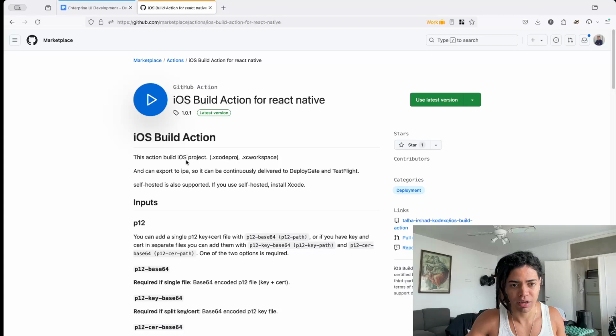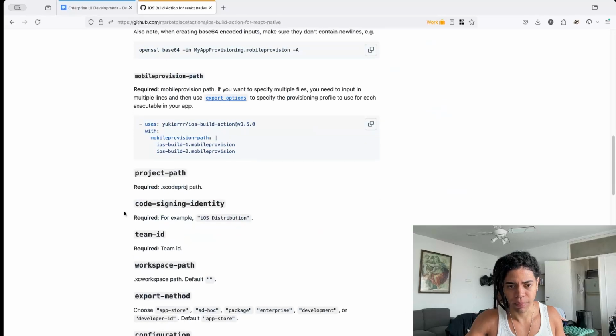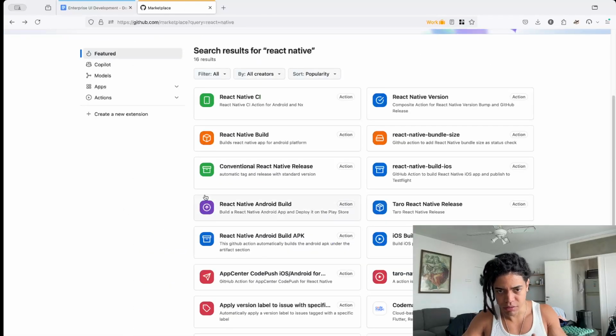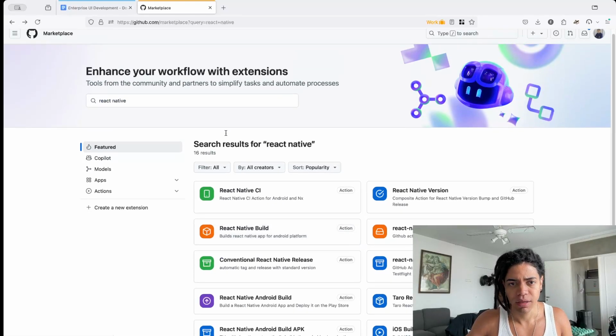These actions build iOS projects and can export to IPA, so it can be continuously delivered to Deploygate and TestFlight. Self-hosted is also supported. If you use self-hosted, install Xcode. But all of these things, which is something that is quite tedious and requires all of these steps, is something that you can do as well.